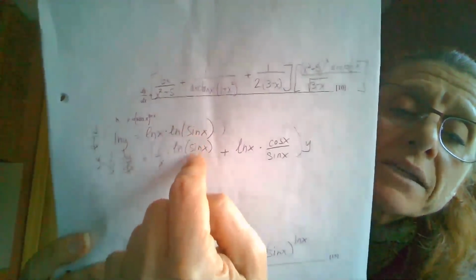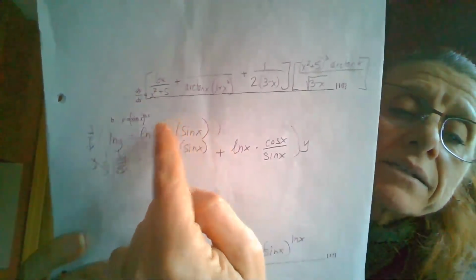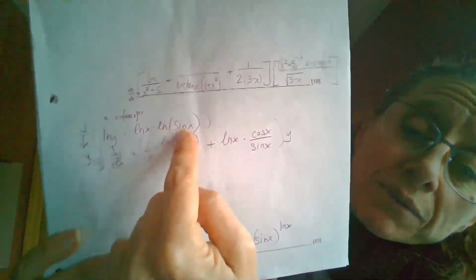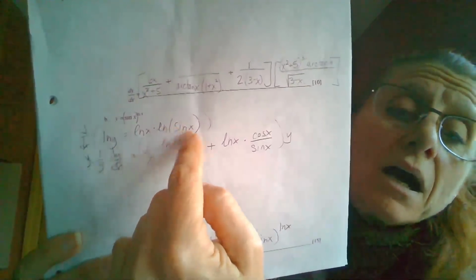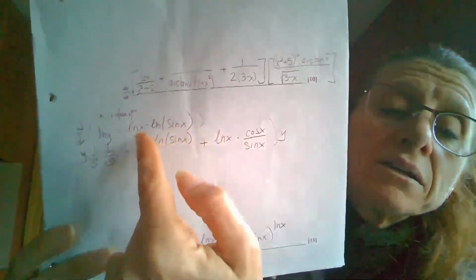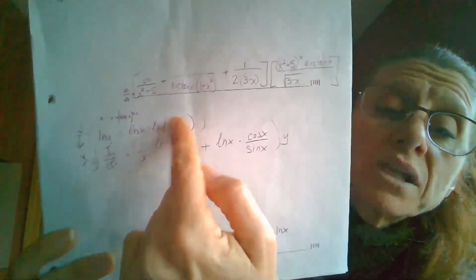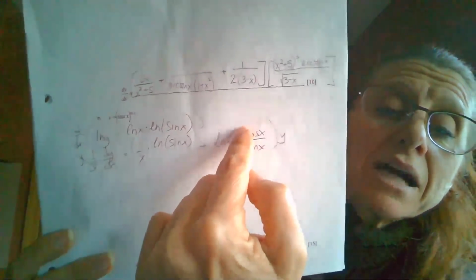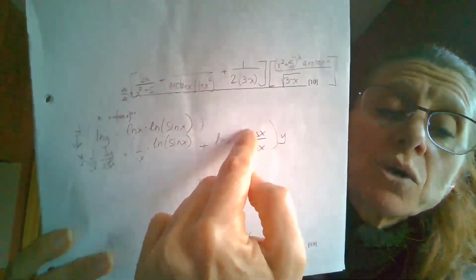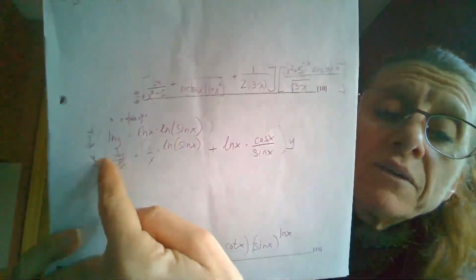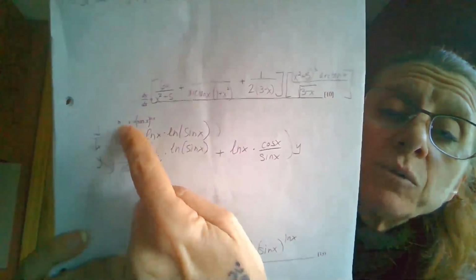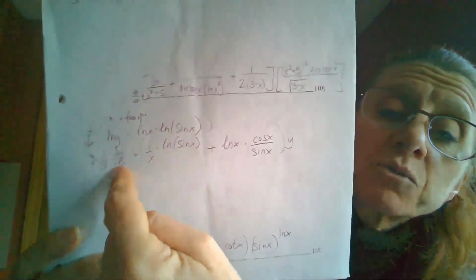So 1 over x times this, and then ln of x. And the derivative of this is just going to be 1 over sine of x times the derivative of sine of x, which is cosine of x. Then finally, we want dy dx, which we have here.